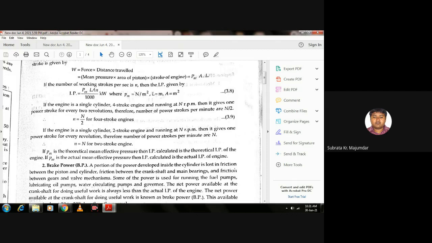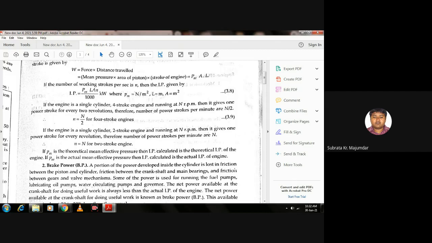I will explain this part once more. There are two types of mean effective pressure. One is called the actual mean effective pressure. One is called the theoretical mean effective pressure. If we use theoretical mean effective pressure for finding the indicated power of the engine, then this indicated power is known as the theoretical indicated power.